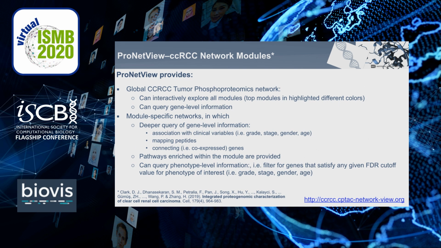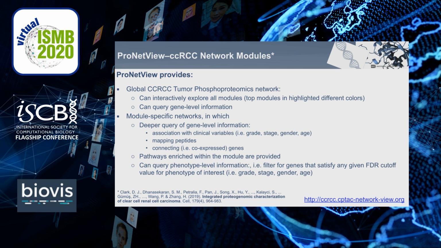Now getting back to ProNetView, which we accordingly name ProNetView-ccRCC from now on, we have employed it for two types of networks within this study. First one is the main ccRCC tumor phosphoproteomics network. For this main network, users can interactively explore all modules and they can query gene level information.